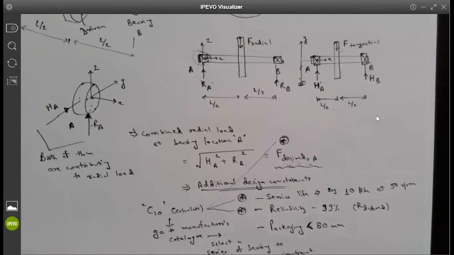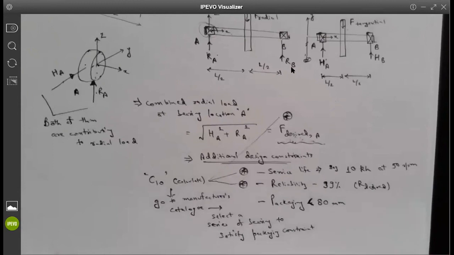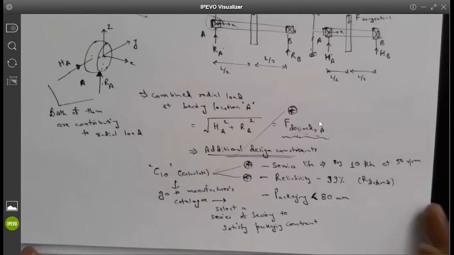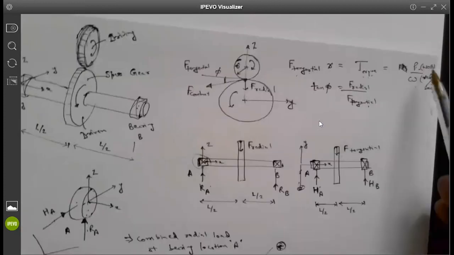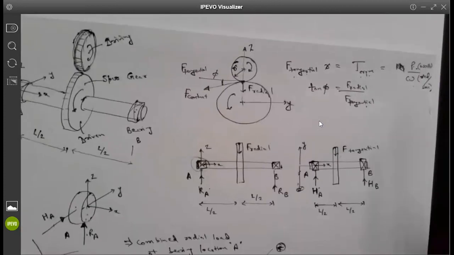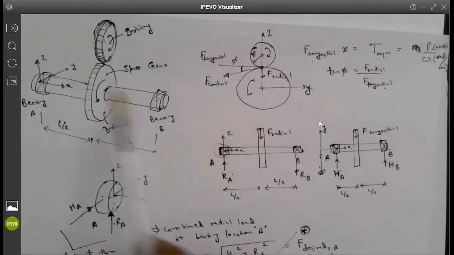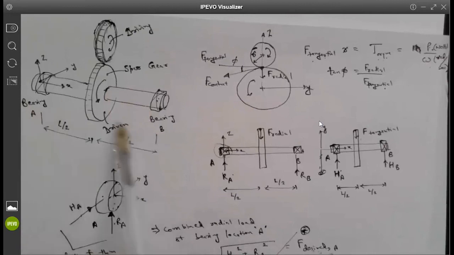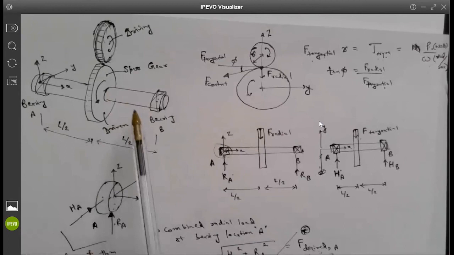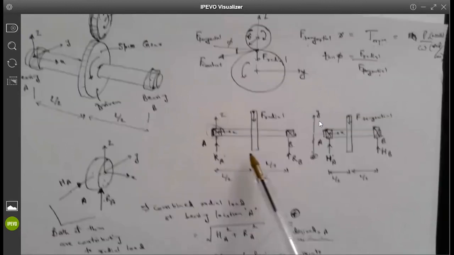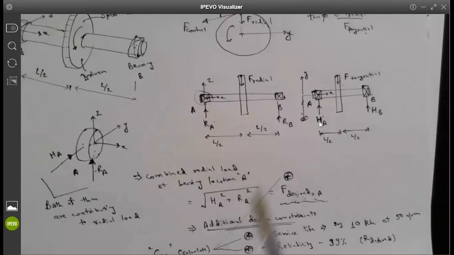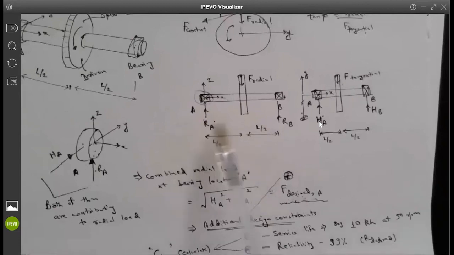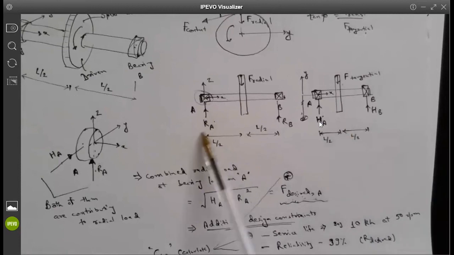Sure, I can move the paper out. So everything follows from our requirement of rated power to be transmitted. This is my rated power at a given angular velocity. From this requirement, I need to select a bearing. The bearings need to be selected based on the geometry of how far the gears are located. If they are equidistant from each other, it is easy. If not, I need to use moment equilibrium and force equilibrium equations to find my reactions. You know by now exactly how to calculate the reaction forces.